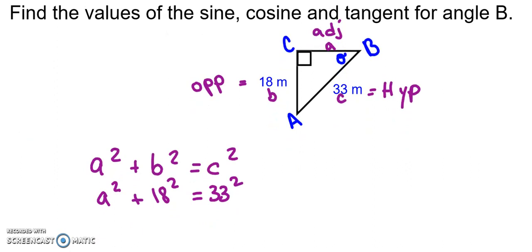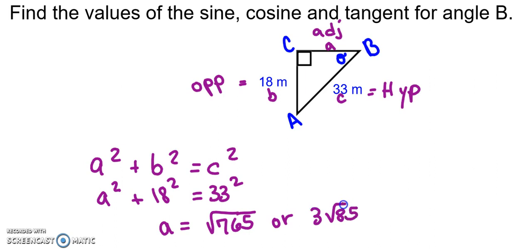Find out what A is equal to. You should get that A is equal to the square root of 763, or 3 square roots of 85.